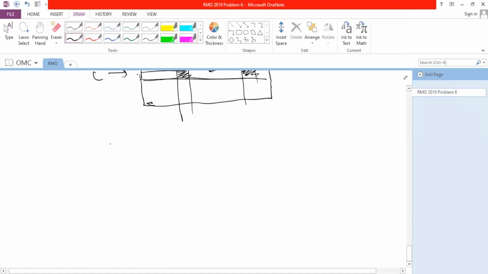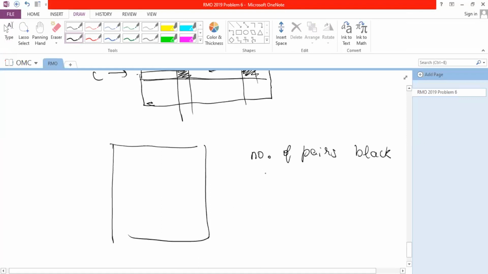We count the number of pairs of black cells in a column. That is, for any column I, we count the number of pairs of black cells in I. Here, say these 4 cells are black. Then we count all such pairs. That is, 4 choose 2, which is 6 pairs.